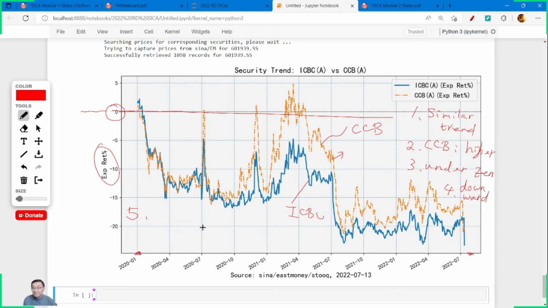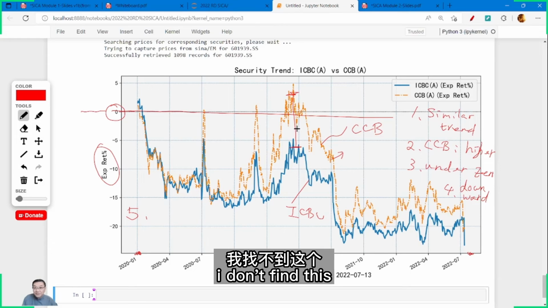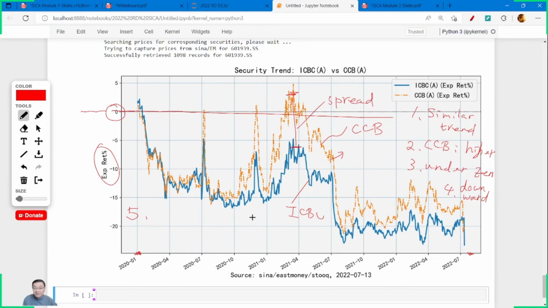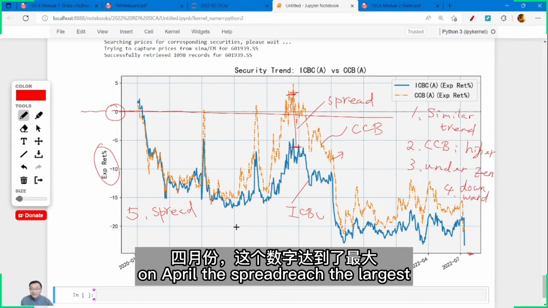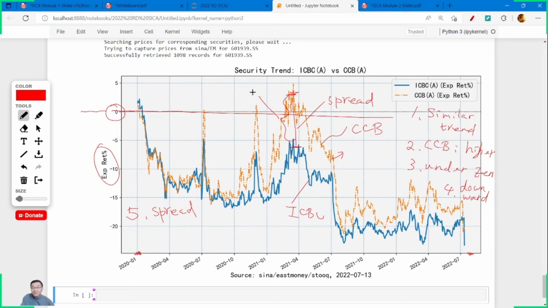And I don't find it. Okay, what about the spread? Their spread, I think in April their spread reached the largest, ahead of before January their spread.